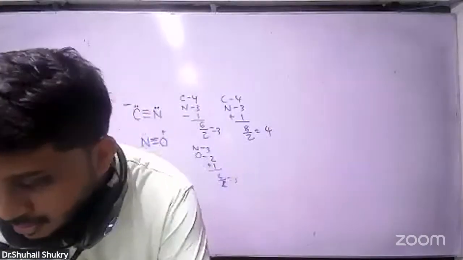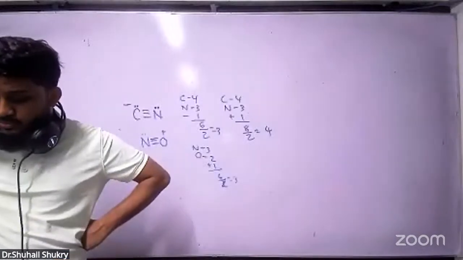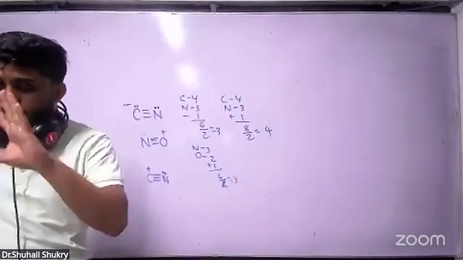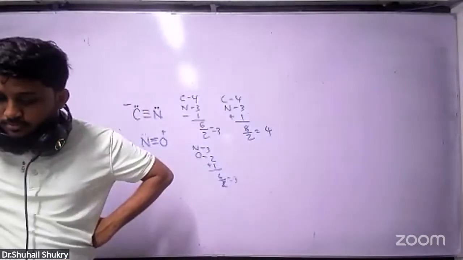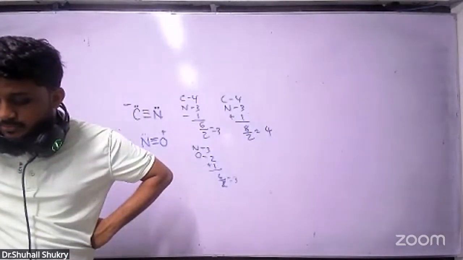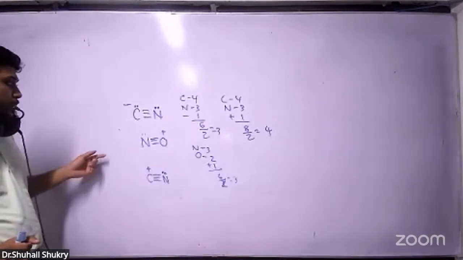Now in this you have to go. For CN minus and NO plus, you can see the bond order.